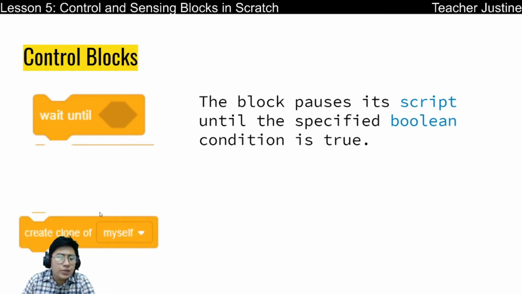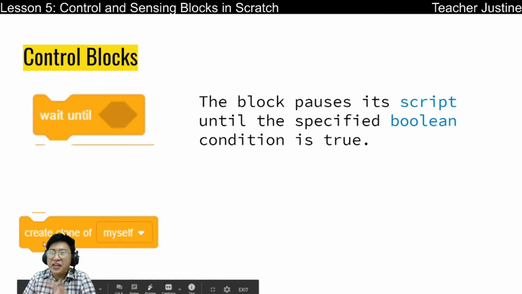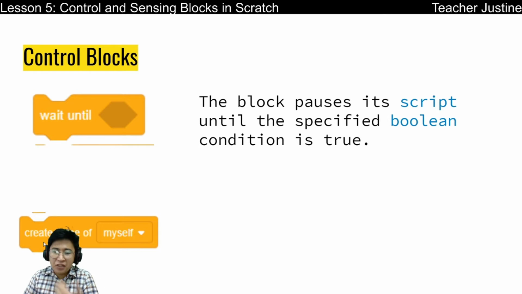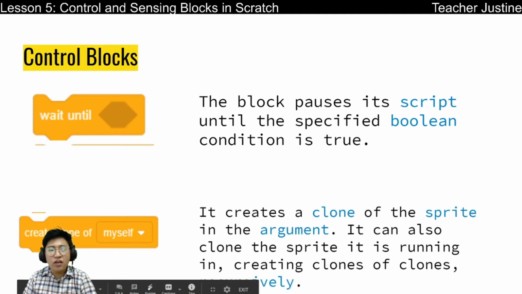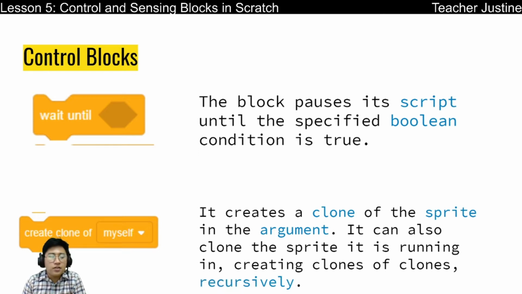So next is create clone of myself. You can already understand it just from the name. So what does this command do? It creates a clone of the sprite in the argument. So if you want to create a clone of yourself or other sprites, you can use this.